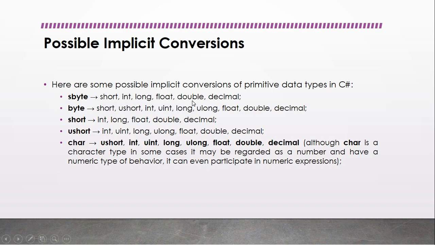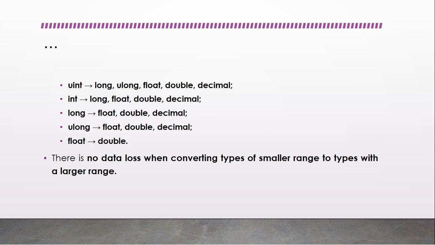You can also convert char to ushort, int, uint, long, ulong, float, double, decimal. So we can say there is no data loss when converting types of smaller range to types with a larger range.